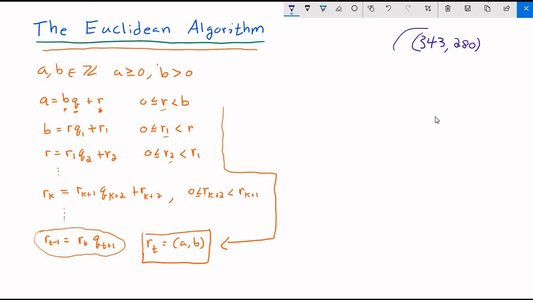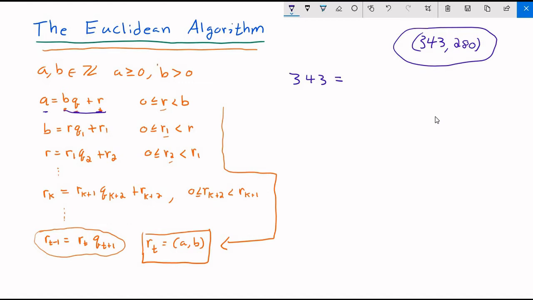So considering again our pair of integers 343 and 280, let's see what this theorem is saying to do. Well, it's saying that first you need to find a q and r so that you can write a as b times q plus r. So in this case, we'll take 343 to be our a. And we want to figure out, how many times does 280 go into 343?